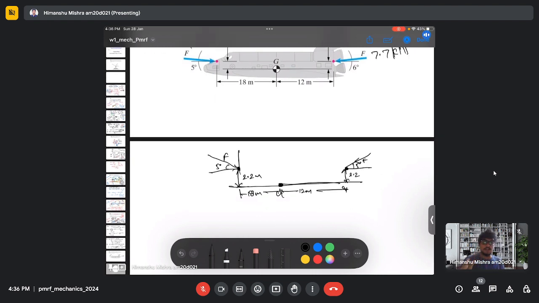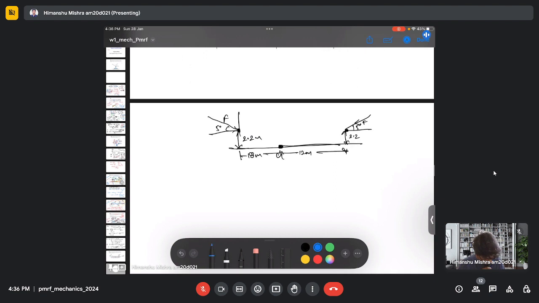So here we need to calculate the moment around point G. First consider the front part. So let's say this is my front and this is my rear.